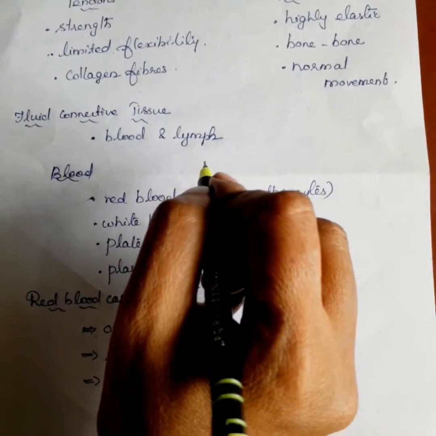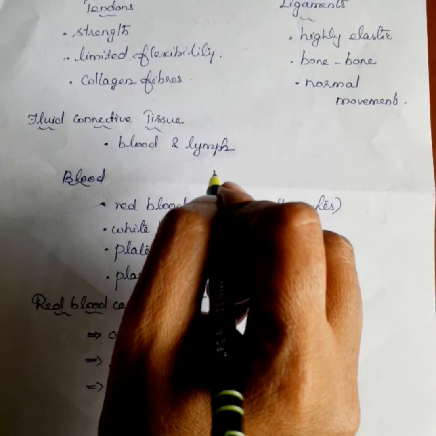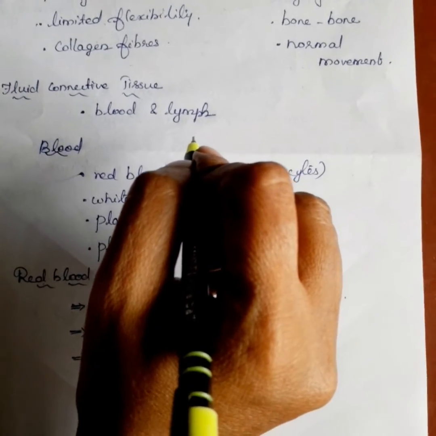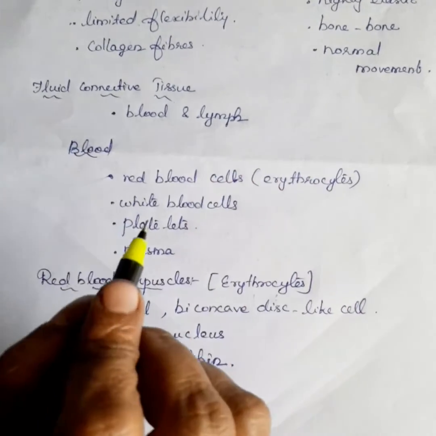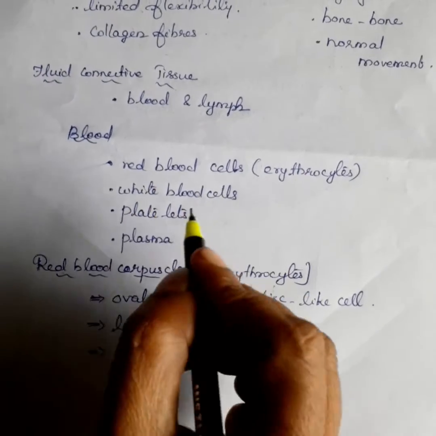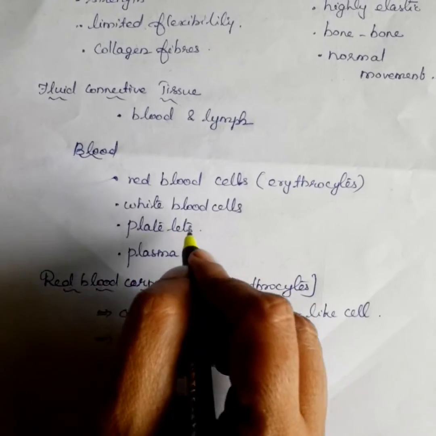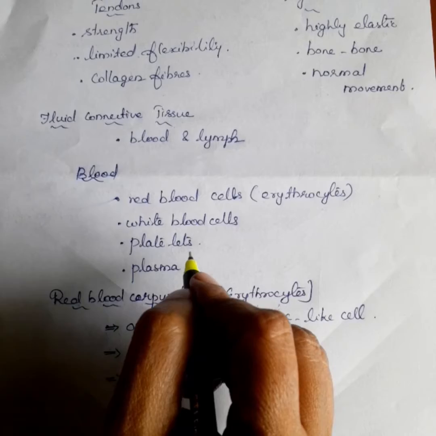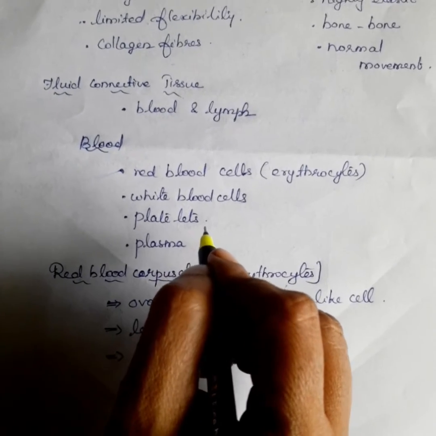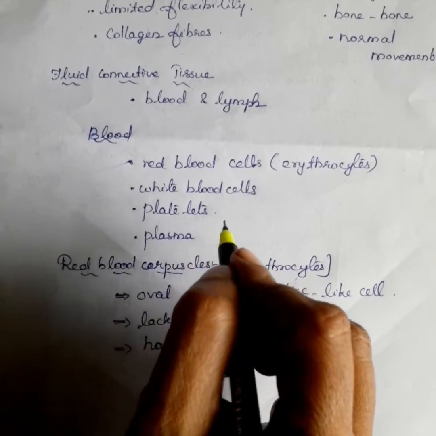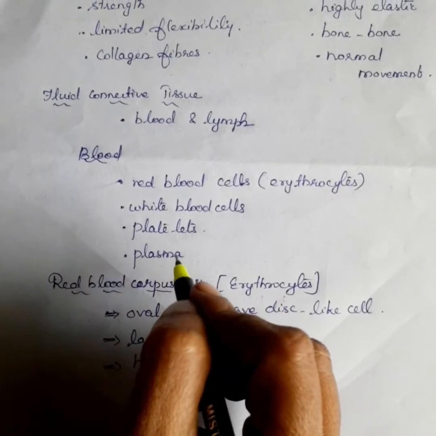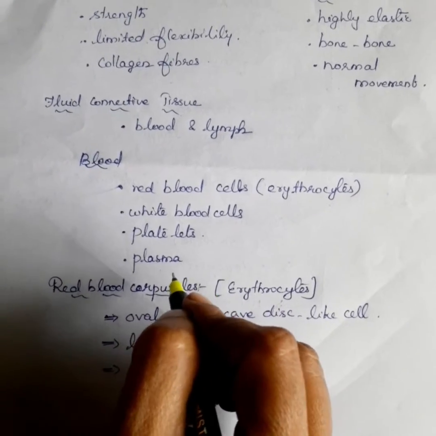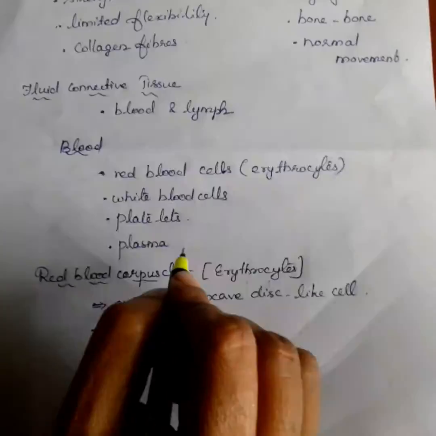Blood contains red blood cells, white blood cells and platelets. The blood cells move in a fluid matrix called plasma.